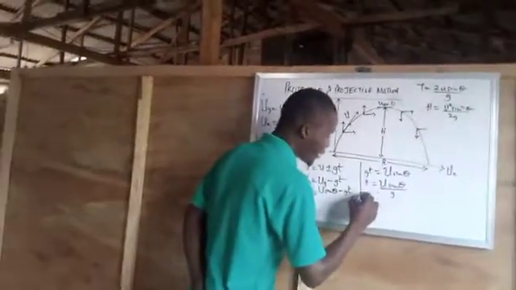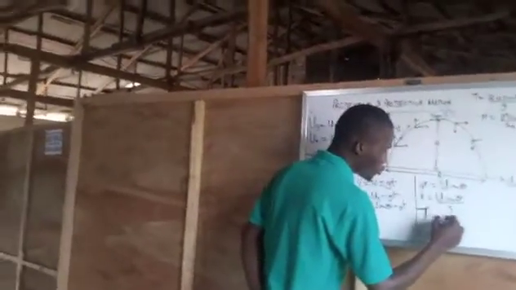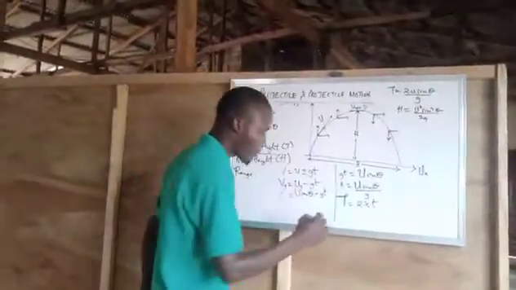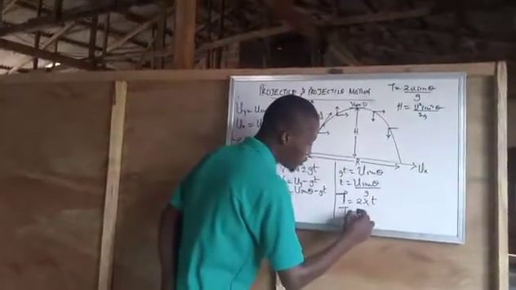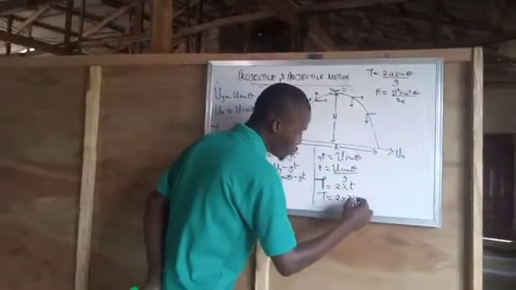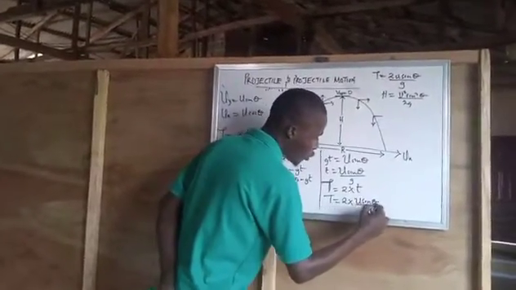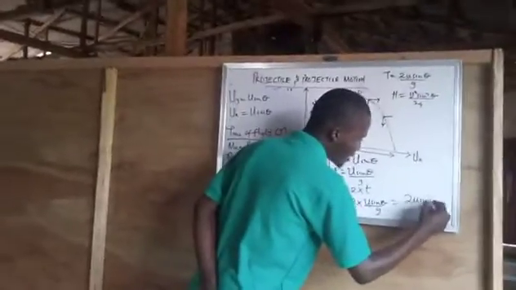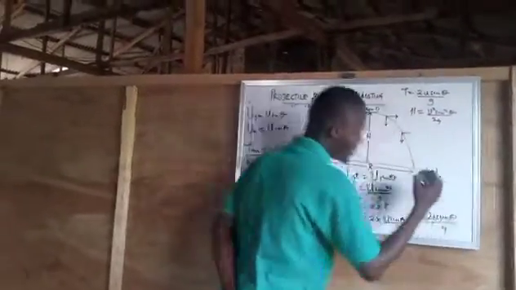That is, time of flight, capital T, is equal to 2 times the time taken to reach maximum height. Therefore, the time of flight becomes 2 times u sin θ over g. That is 2u sin θ over g.